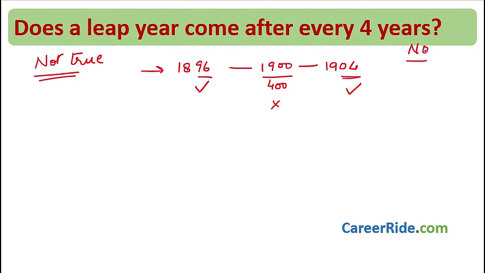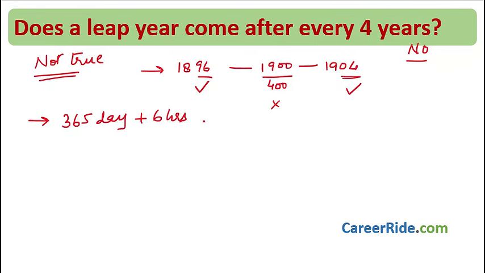This is a really interesting thing that a lot of us do not know. Okay, but this is a really important thing, because it will make a lot of difference when you solve the questions. You'll require this information to solve the question. Now you would be wondering, why would this happen? Till now we always learned that we have to divide by 4 and we will find the number of leap years, right? But the reason for this to happen is, till now we believe that a year has 365 days and 6 hours, right?